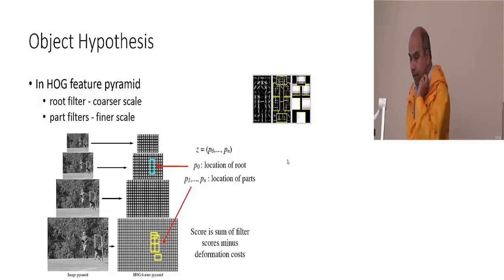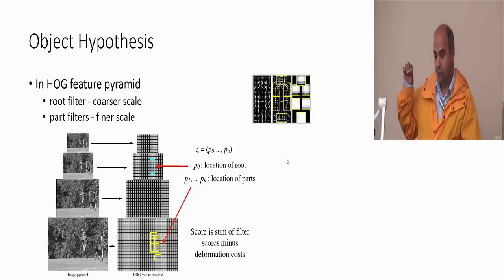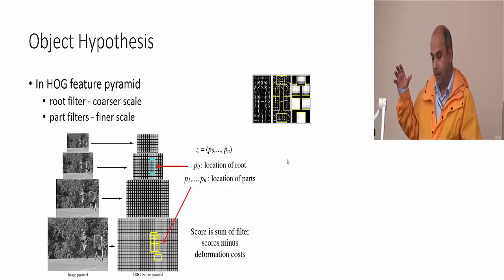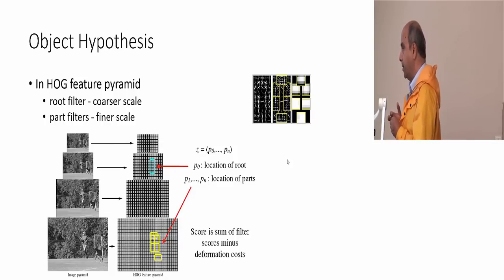The main point here is that given the location of the root, we want to find out where the parts are, and that is the difficult part. We want to find P1, P2, P3 up to Pn, the n parts, given where the root is. We are going to sum up all those part scores to get the overall score of whether it's a human or not.